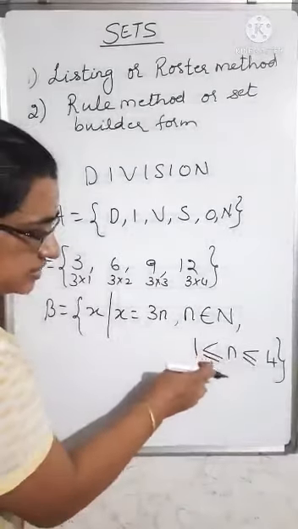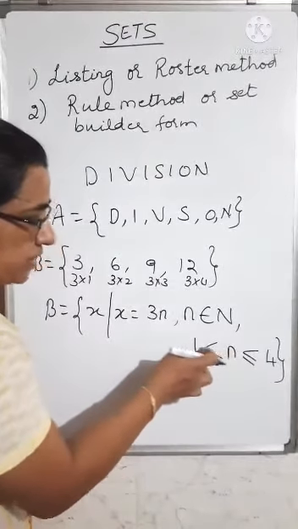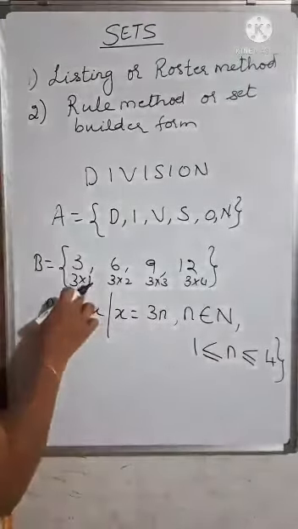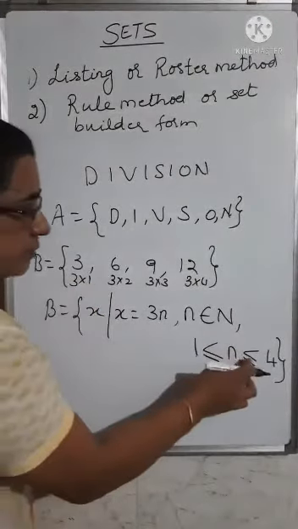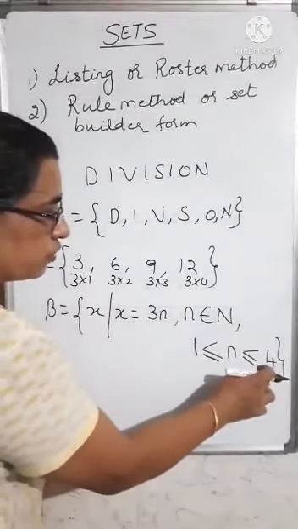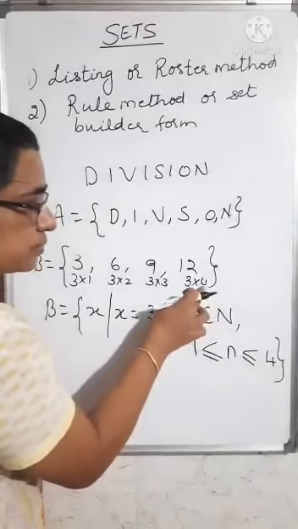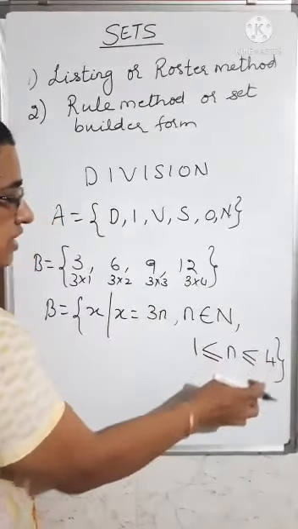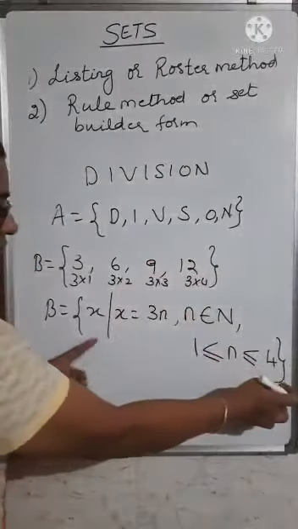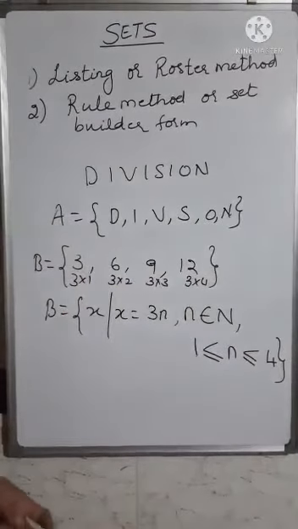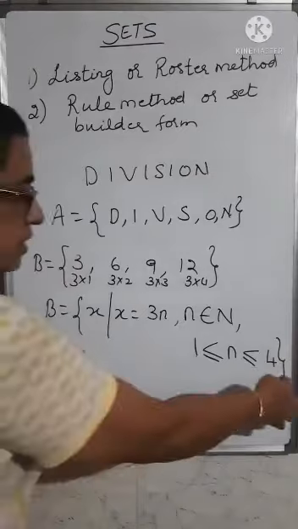If 1 is less than or equal to n, then n should be greater than or equal to 1, so that will become the first number. Then n is less than or equal to 4 means whatever is the last number. So whether you are writing in the set builder form or in the listing method, you have to write it within the brackets.